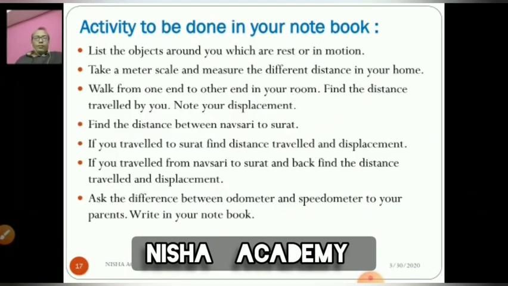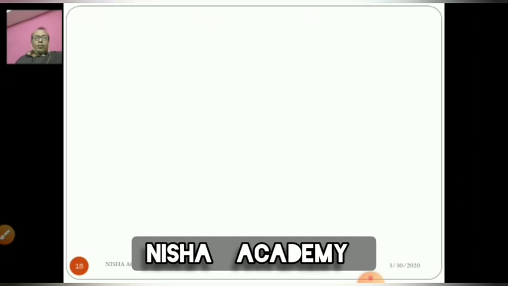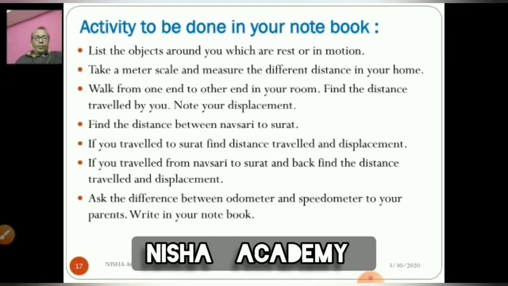Now, here is your activity to be done in your notebook and submitted online. List the objects around you which are at rest or in motion. List at least 5 objects which are at rest and at least 5 objects which are in motion. Also describe their type.